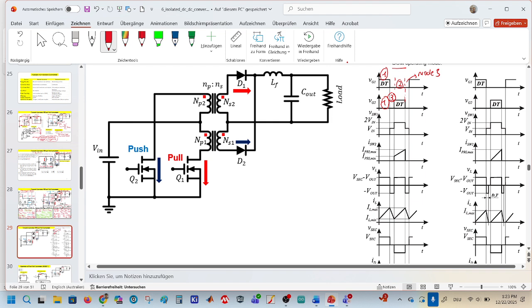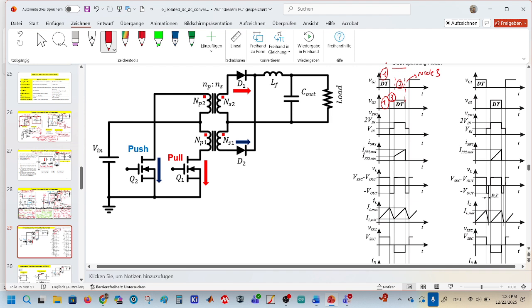As you see here, as the first switch is on here, the voltage across the switch is 0 because the current is flowing. And if you switch off, the voltage jumps to the input voltage.